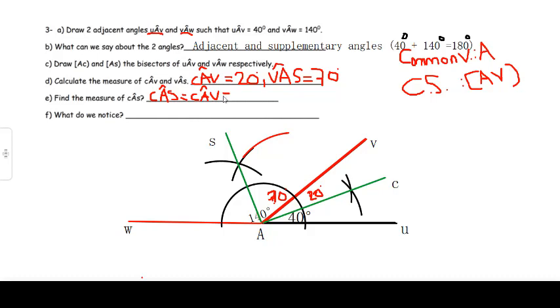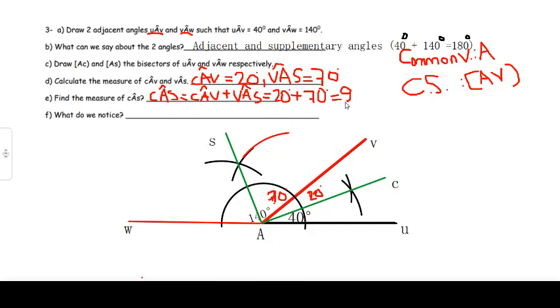So we are adding the two angles, CAV and VAS. So we add 20 plus 70 degrees to give me 90 degrees.